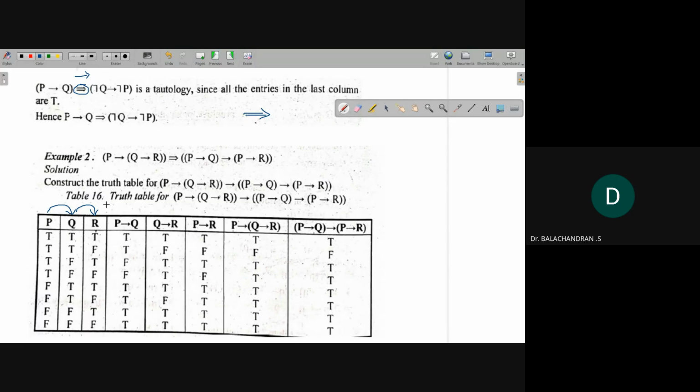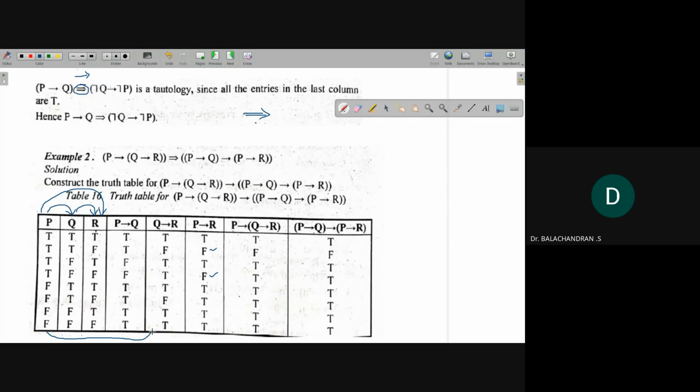Next, P implies R. Again, the same idea. TF is F. Remaining all other cases, it is true. Next, P implies Q implies R. That means these two columns.